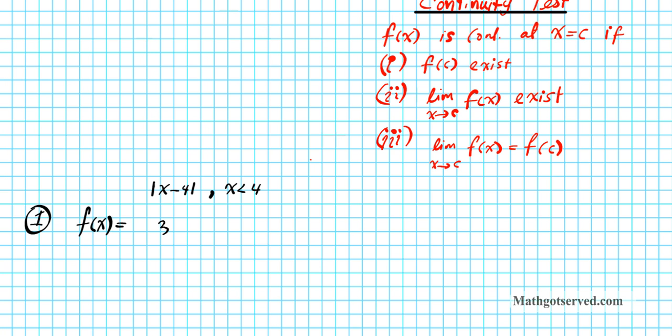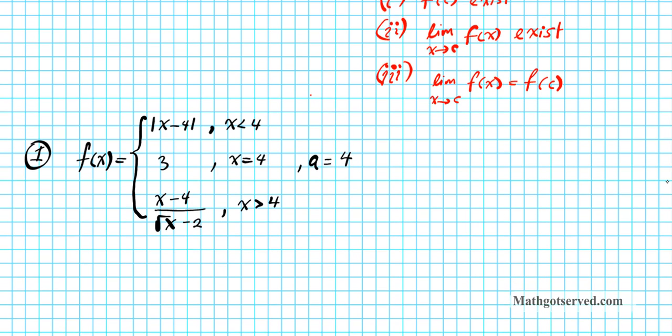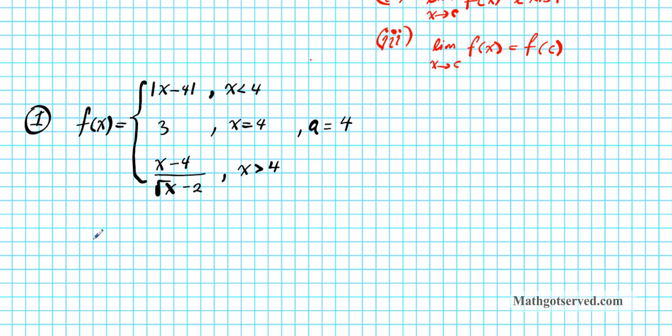It's equal to 3 when x is equal to 4, and is equal to x minus 4 over the square root of x minus 2 when x is greater than 4. And the a value that we're looking at for this problem is a equals 4. Okay? Alright, so let's start with test number 1.